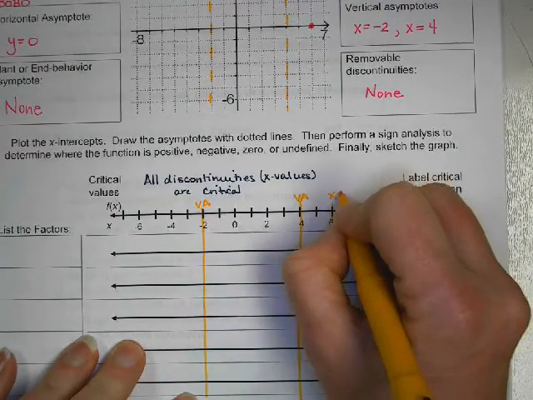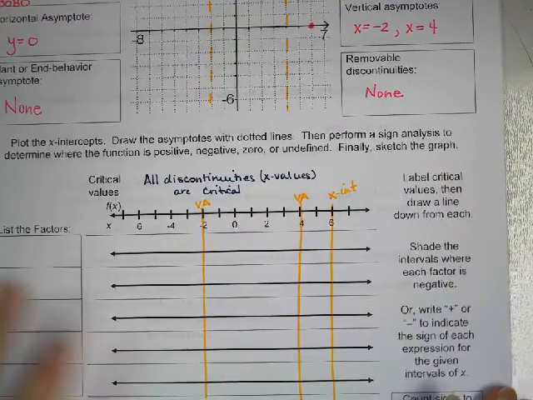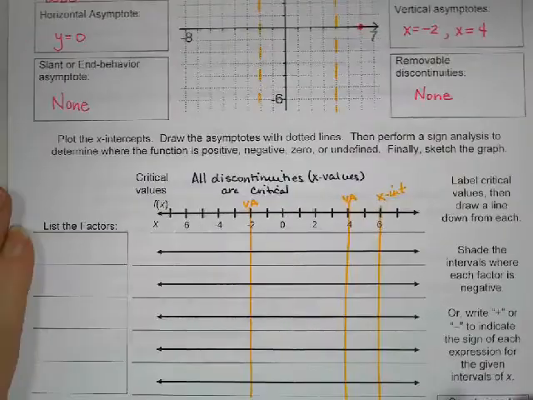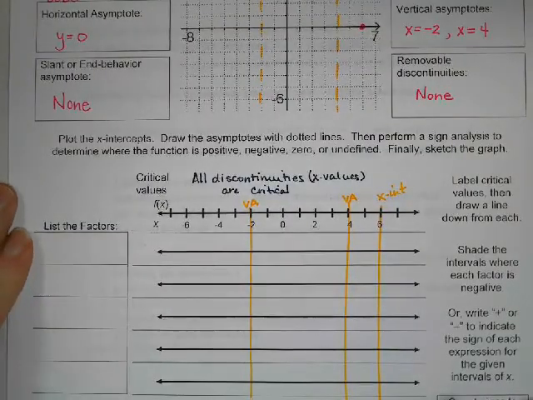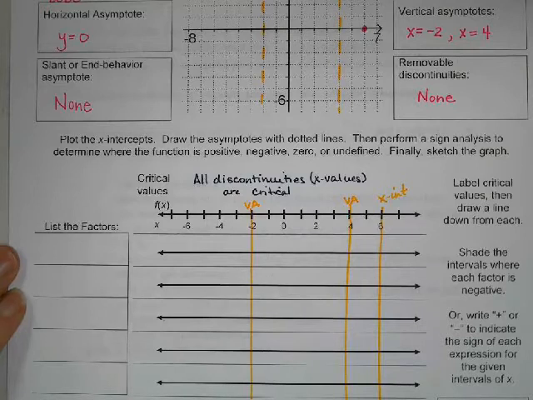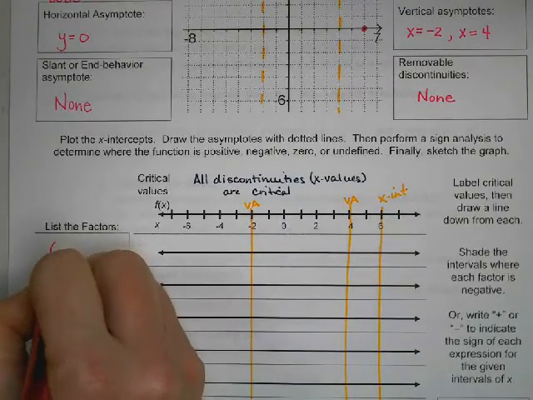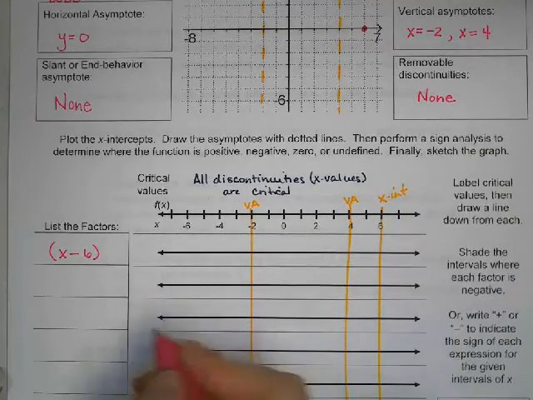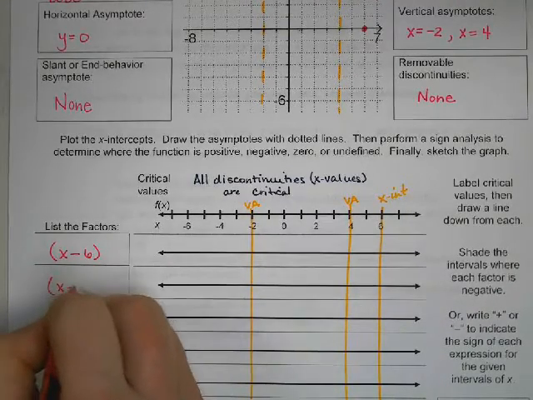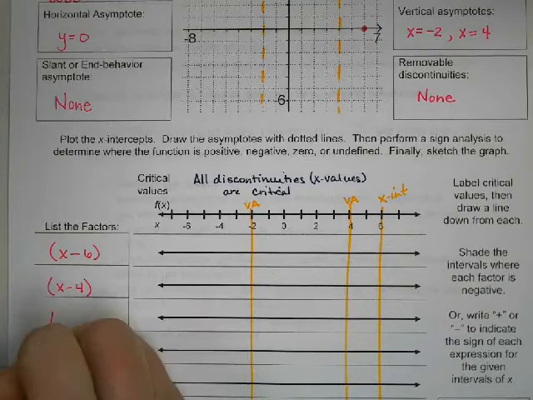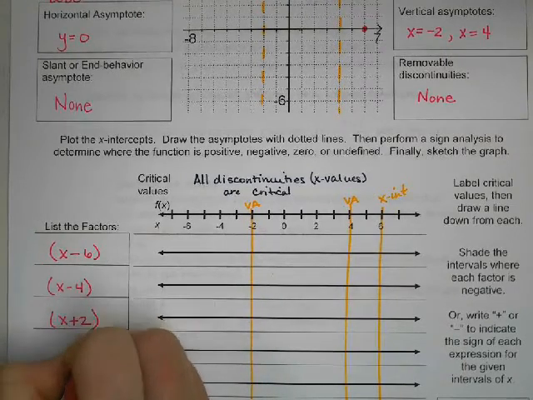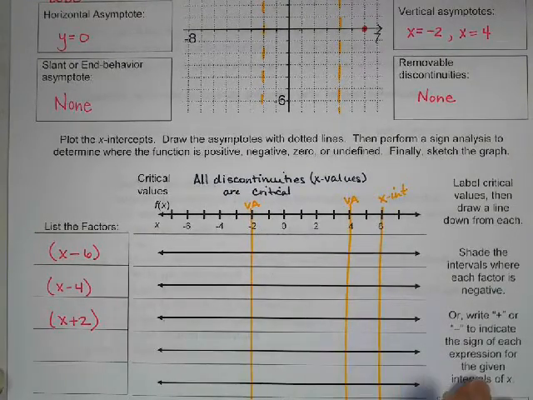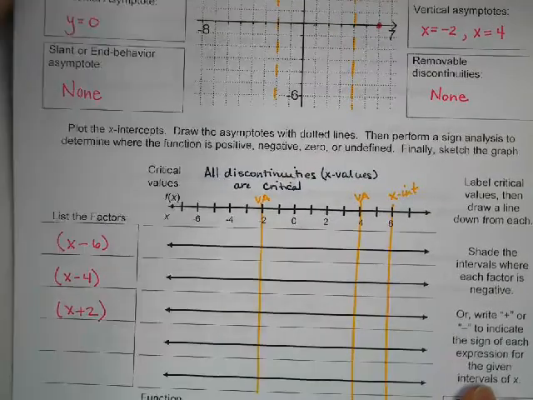So I have my 2 vertical asymptotes and I have my 0. And over here on the left-hand side, you're going to list the factors. What you're doing is figuring out if the entire function turns out to be positive or negative. But it's easier to break it down by factors than it is to plug values into the entire function because the function is a big nasty fraction. So we're just going to list out the factors.